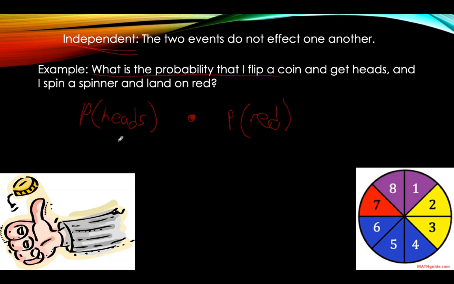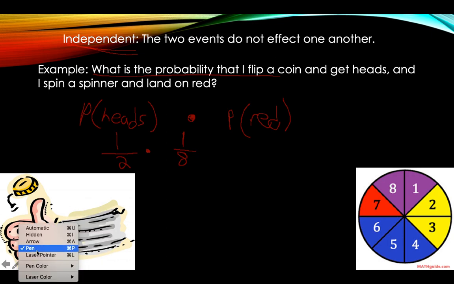The probability of selecting heads: there's one favorable outcome, flipping the heads, out of two total outcomes, times the probability of landing on red. Well, we have 8 triangles and only one red, so we have one favorable outcome out of 8 triangles or pieces of pizza.